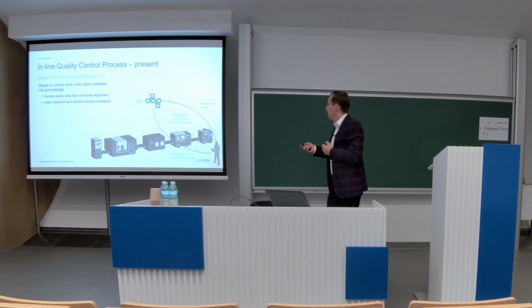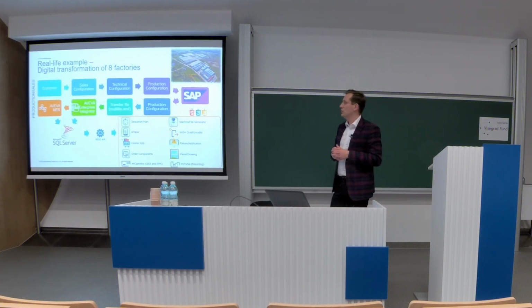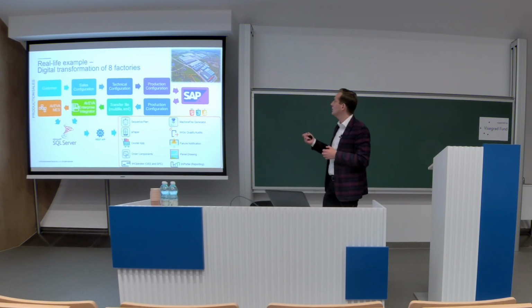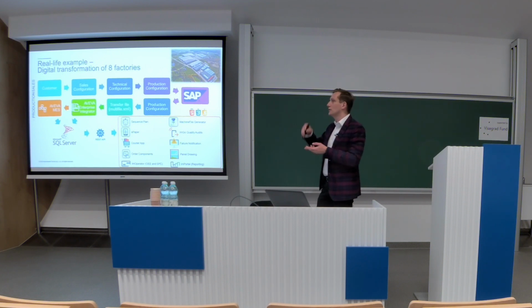So here I would like to show you a few examples of real implementations. This is an example of a door and window factory, which digitalized every aspect, from the beginning of the process, from the sales, from the information of the customers, to the end of the process, to the production.